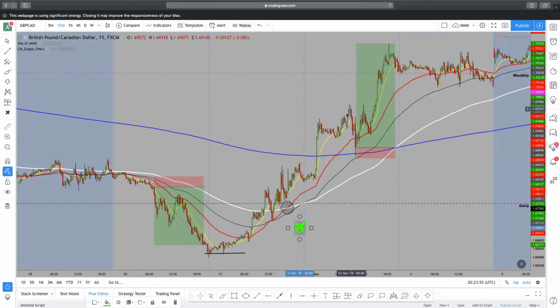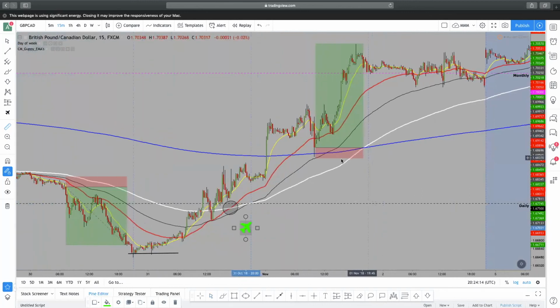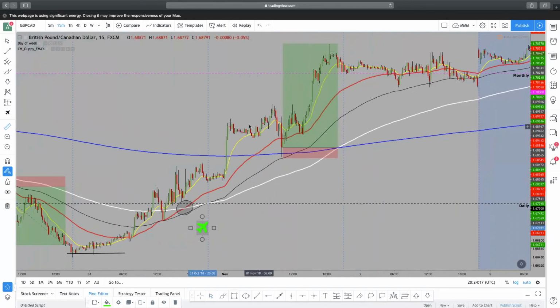So market vector 3 candlestick to the 100, the 14 made that W right here, a bigger one right here. You could have bought here or here. Doesn't really matter. But if you couldn't catch this, don't just jump in here.